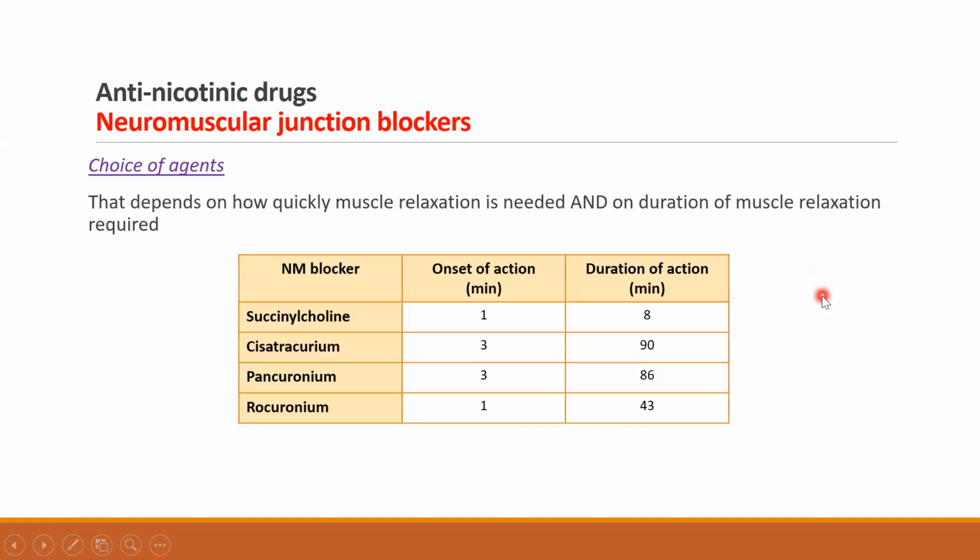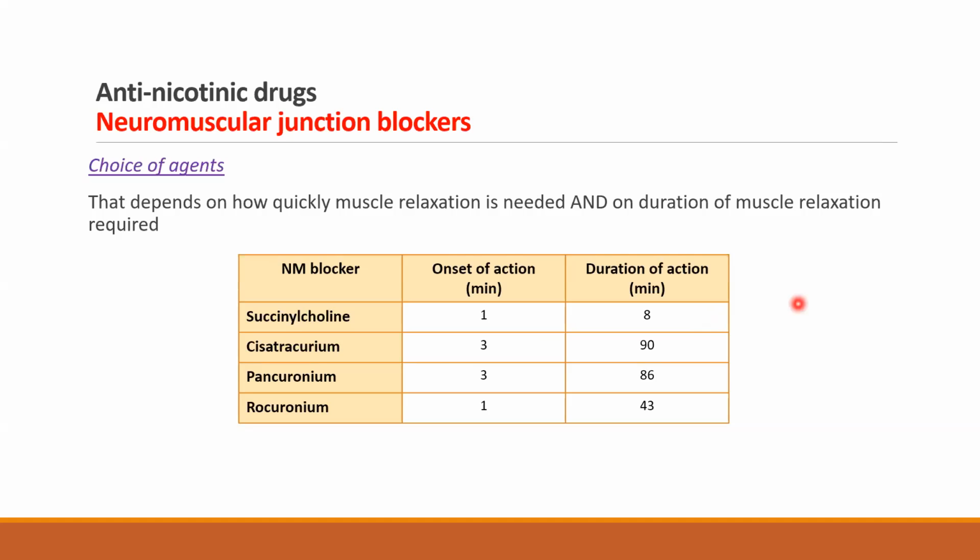Now in this table, I just want to show you very quickly. You do not need to learn exactly the half-life, but do you see here succinylcholine? The onset of action is 1 minute, and some reports even say 30 seconds. The duration of action is 8 minutes, so it's very short acting. That makes the surgery easy: the infusion is going on, and whenever we want to finish the surgery, the patient can breathe by themselves after the muscle paralysis wears off.